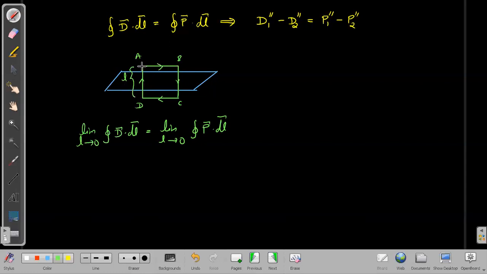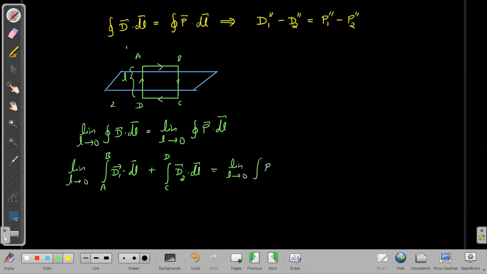Then we have to consider only the line integral from A to B and from C to D. So one is the line integration from A to B of D1 dot dl, because this can be taken as 1 and this as 2, plus the integral from C to D of D2 dot dl, equal to the same limit L tends to 0 of the integral of P1 dot dl from A to B plus the integral from C to D of P2 dot dl.